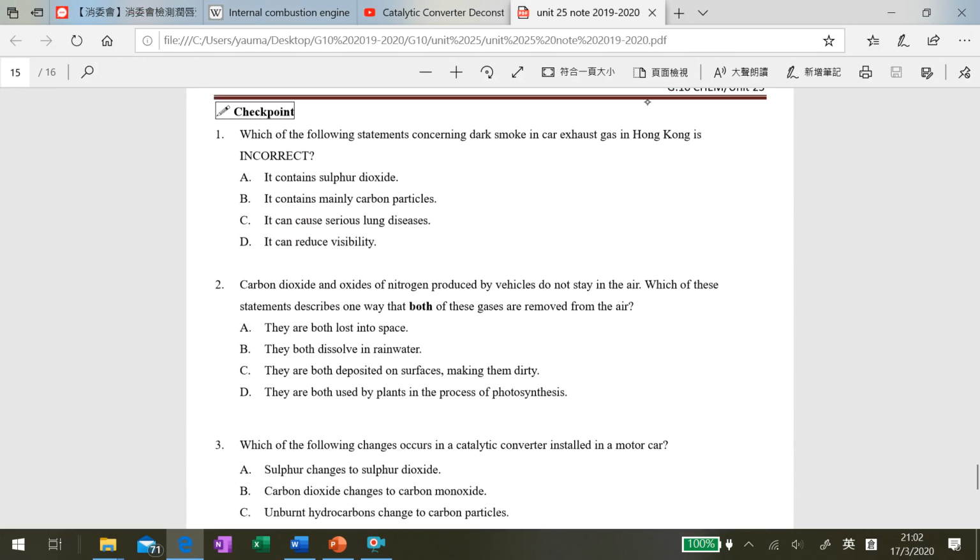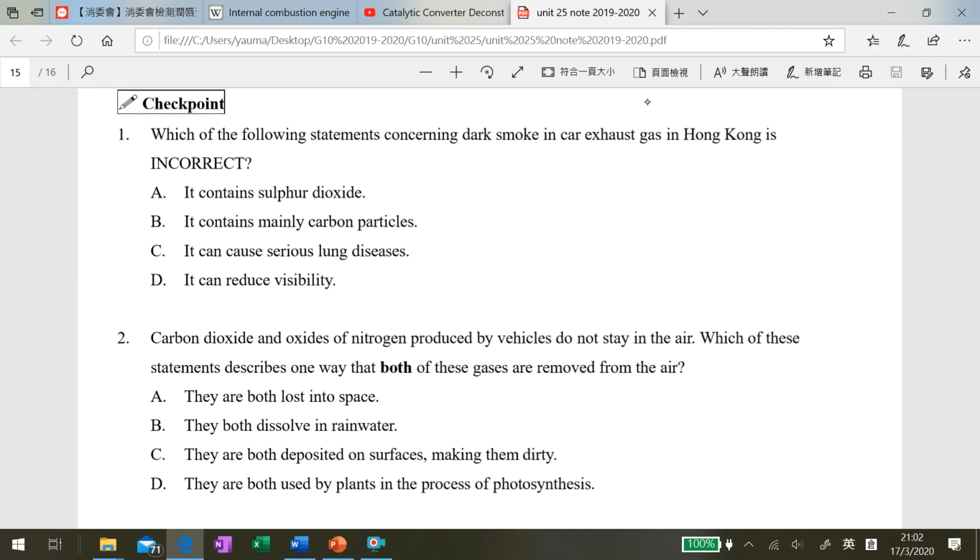So now let's have a look at the first question. Which of the following statements concerning dark smoke in car exhaust gas in Hong Kong is incorrect? A. It contains sulfur dioxide. B. It contains mainly carbon particles. C. It can cause serious lung disease.